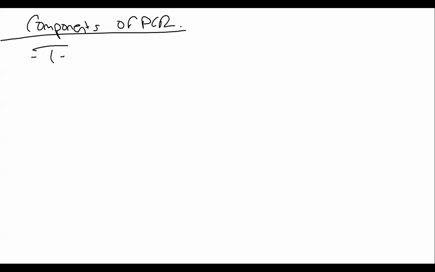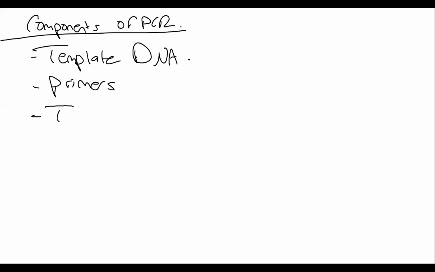Okay, so the components of PCR. We have the template DNA, which is the DNA that we're taking to amplify. The primers. The Taq polymerase, or the polymerases, let's say.